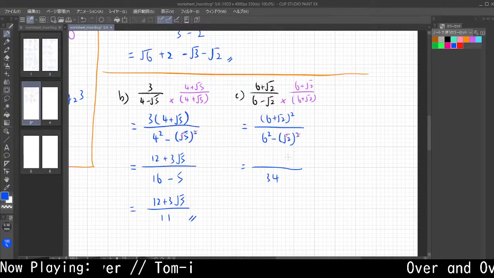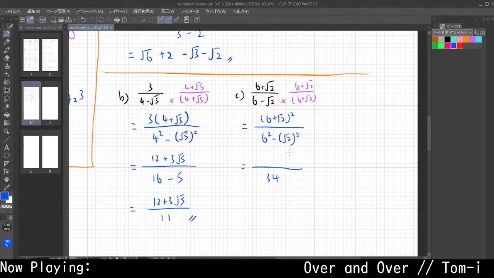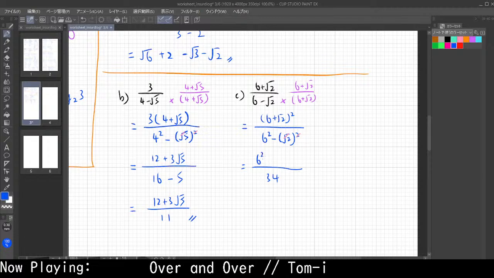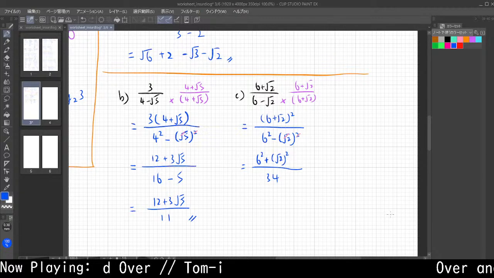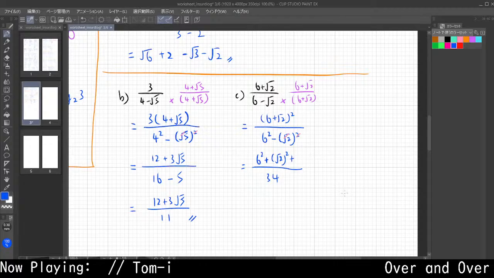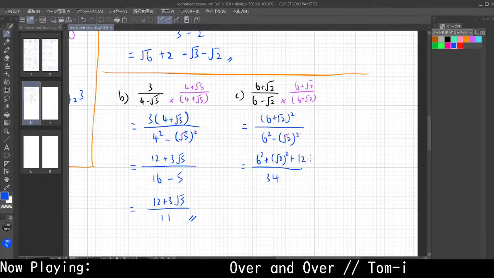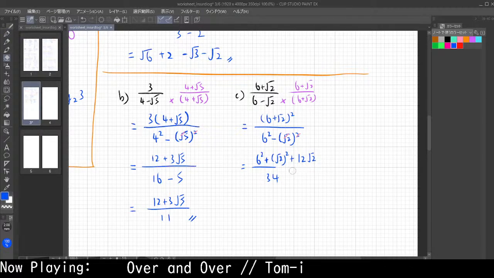Anyway, if I skip through the process, you can verify this yourself. Expanding a square means I get my first thing square, 6 square, plus my second thing square, square root 2 square, plus a middle term. So in this case, it will be 2 times first times second. 2 times 6, 12. 12 times square root 2, 12 square root 2. This will be your answer.